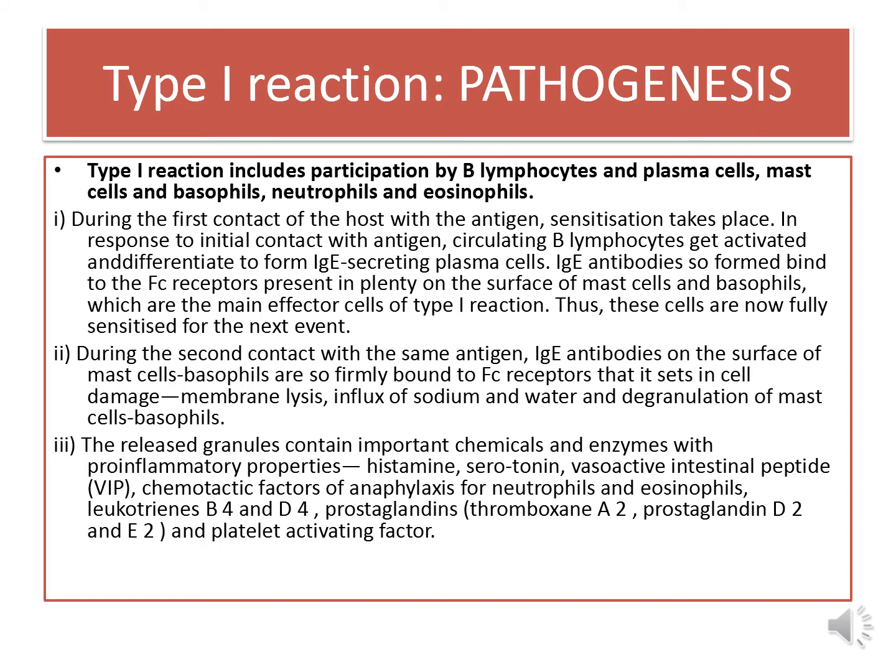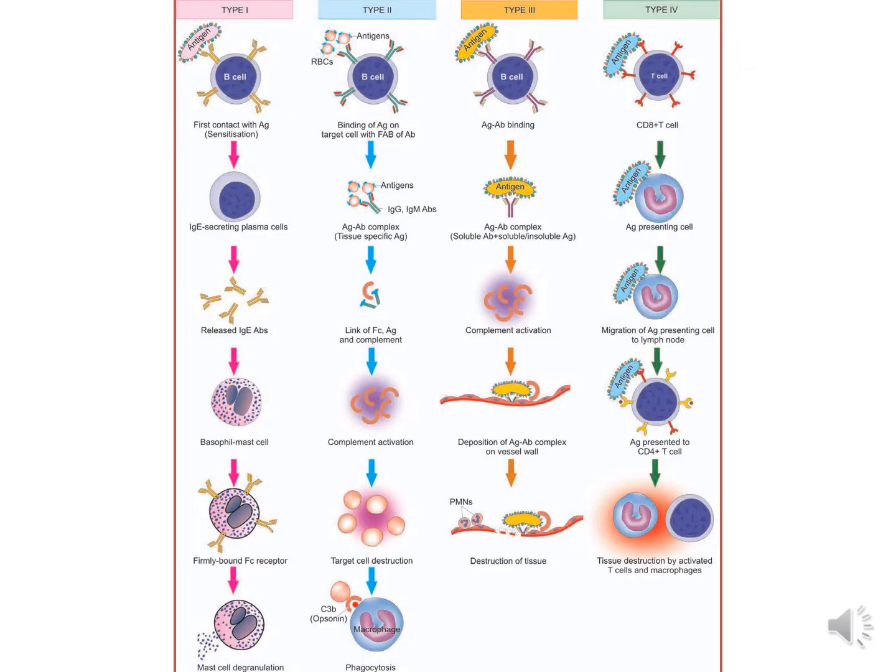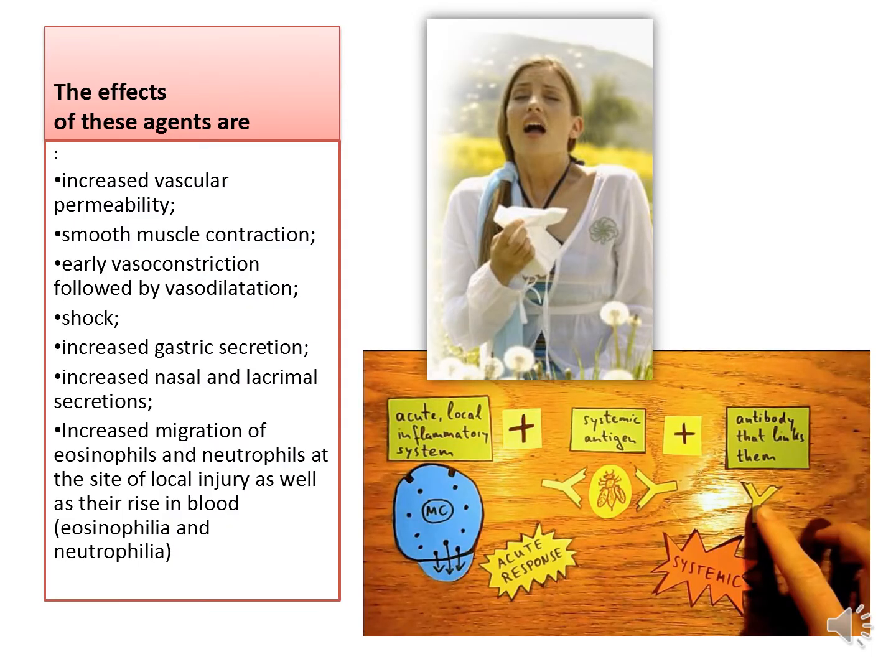The pathogenesis of type 1 reaction includes participation by T, B lymphocytes and plasma cells, mast cells, basophils, neutrophils, and eosinophils. We have already discussed such reactions.